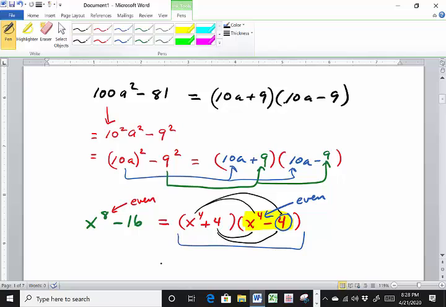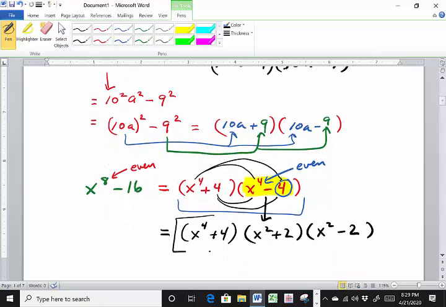So we'd have to take this to the next line and write this as x to the 4th plus 4, and then this of course is the difference of two squares, so it is written like x squared plus 2 and then x squared minus 2. And then that's it. Okay?